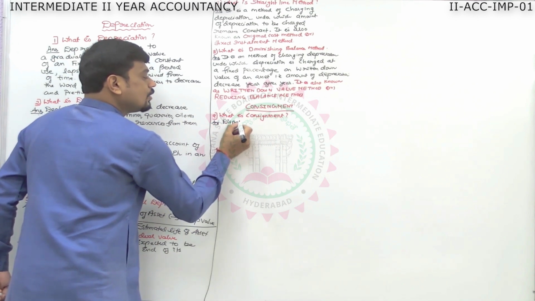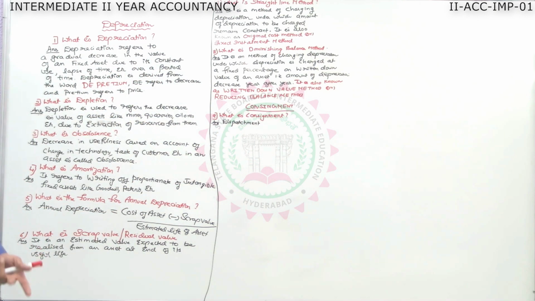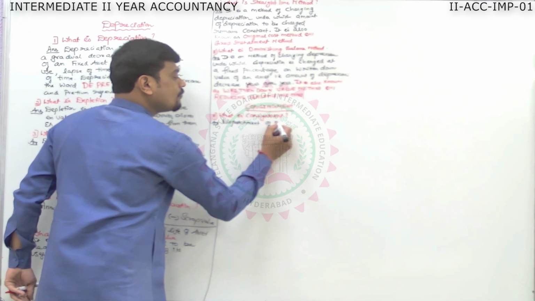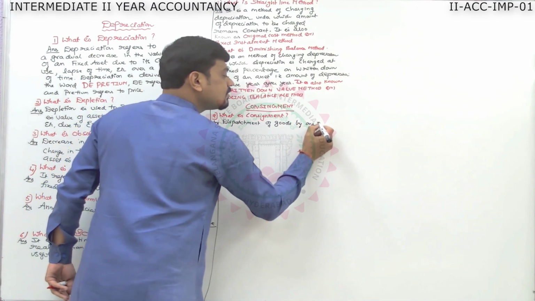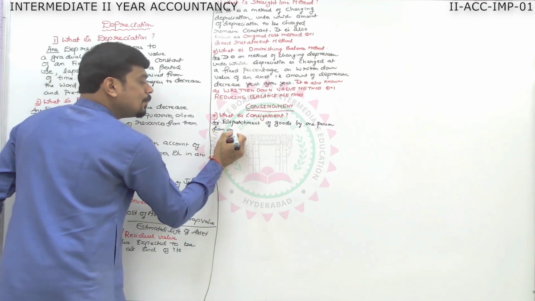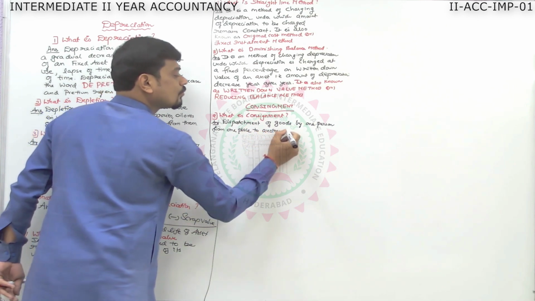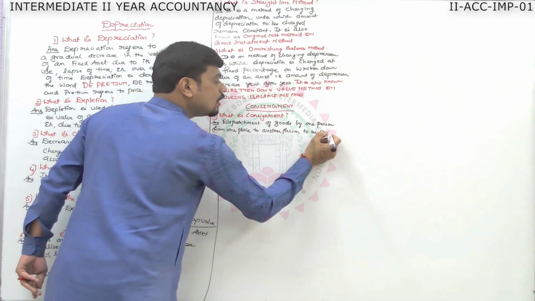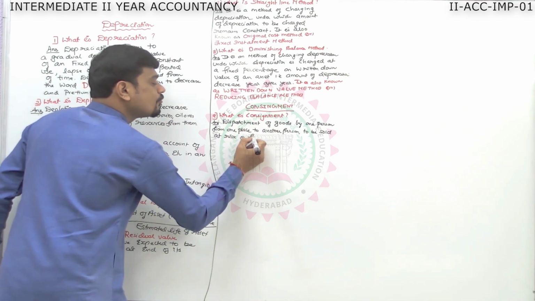In a very simple manner, you are going to write the answer. Dispatchment. Instead of writing dispatchment, you can write sending also. But the best word is dispatchment. Dispatchment of goods by one person from one place to another person to be sold at the risk of the former.